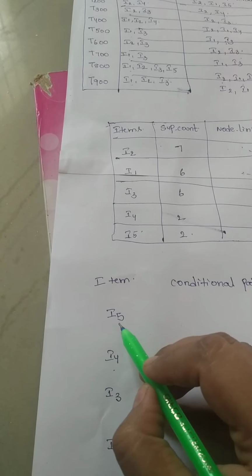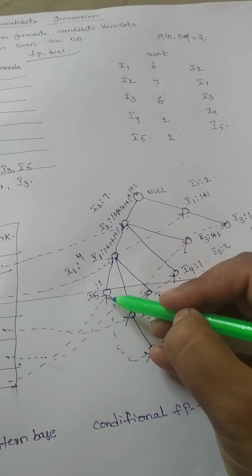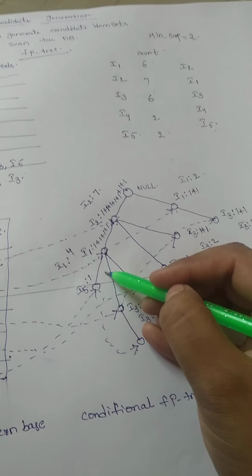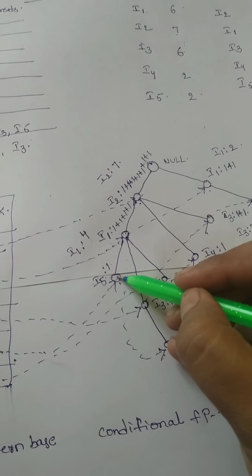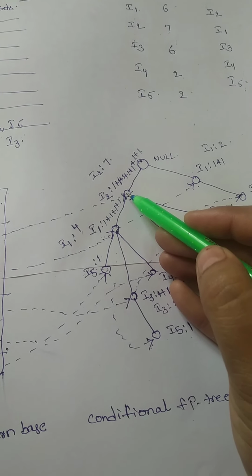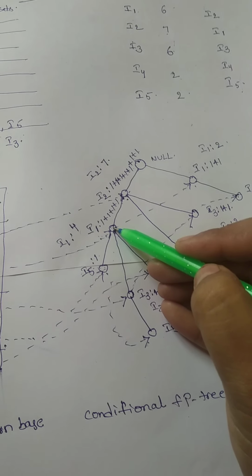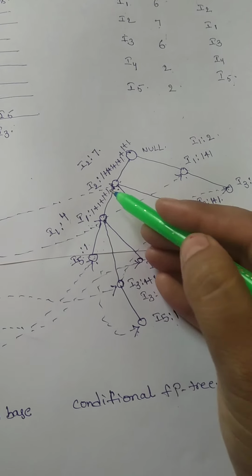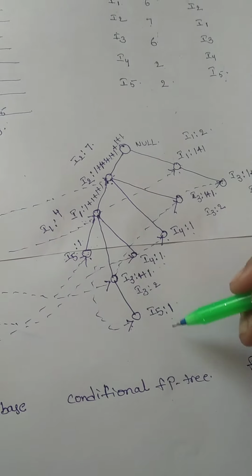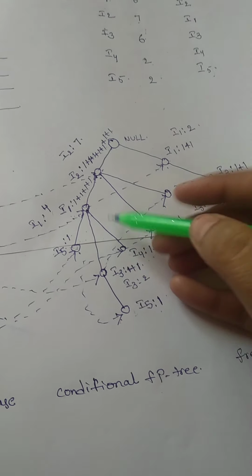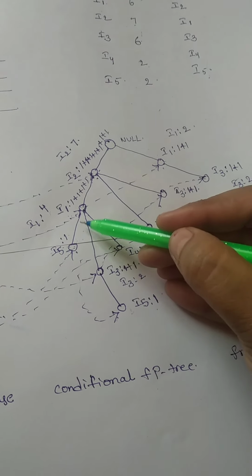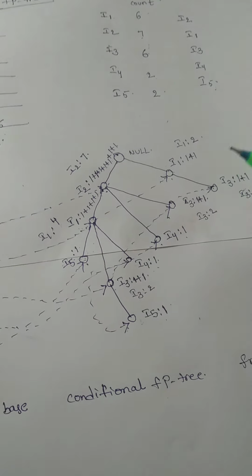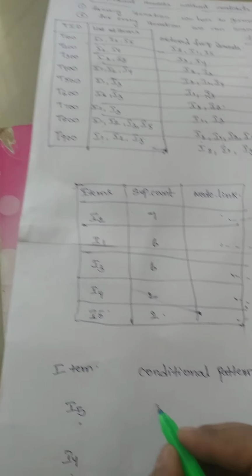So what is I5? For I5, what are the suffixes? Here we have to see, for I5 the suffixes are I2, I1. No need to take the I5. I2, I1, and another I5 is there, so the suffixes are I2, I1, I3. Those we have to write.